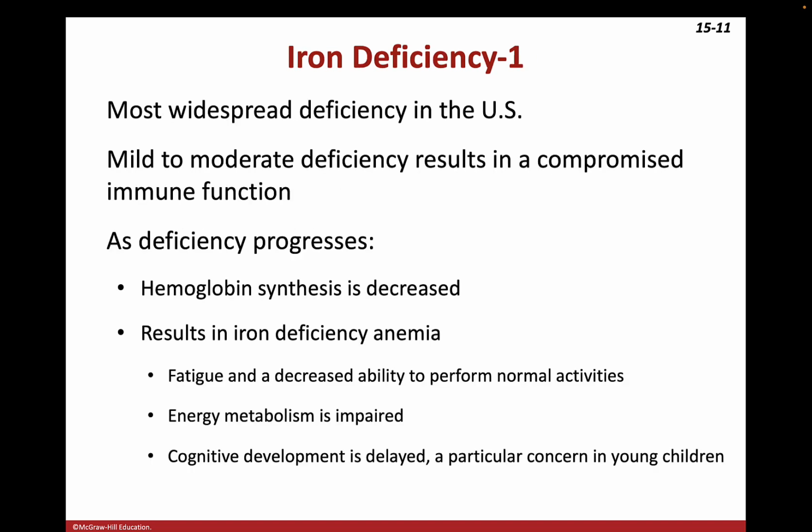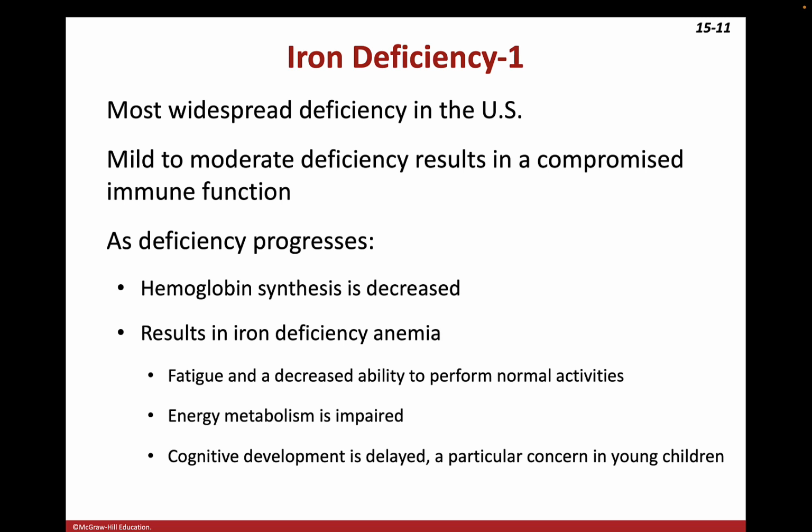Now, iron deficiency is the most widespread deficiency in the United States, and it is not limited to the United States. And we can also say that worldwide, this is one of the biggest nutrient deficiencies out there. When we look at someone that has mild to moderate deficiency, we're going to start seeing a compromised immune function.